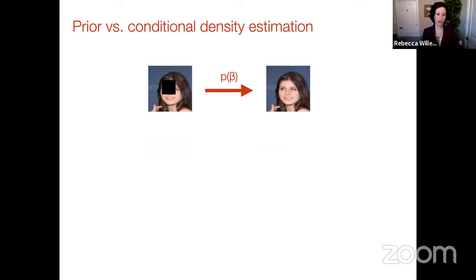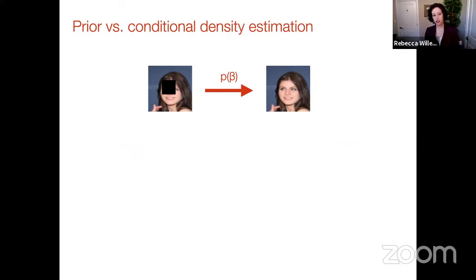And once we have that distribution, that prior, then we can use that prior knowledge of image geometry and structure to solve our inverse problem. And so in the decoupled approaches, the learning is the learning of the prior.